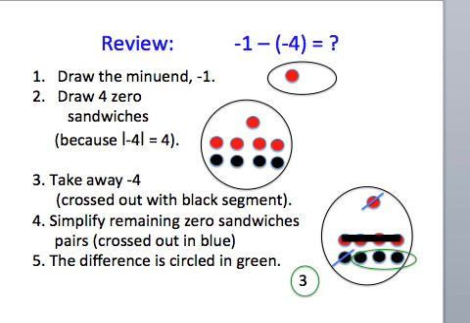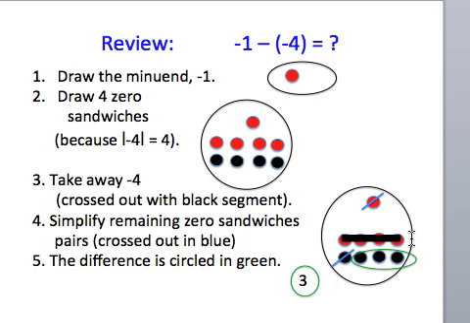So just to review quickly, -1 take away -4. If you're drawing chips, you draw the minuend, the first number, -1. Then you draw 4 zero sandwiches. You draw 4 zero sandwiches because -4 is what's being taken away, and the absolute value of -4 is 4, so you need 4 zero sandwiches. Then you take away the 4 red chips.